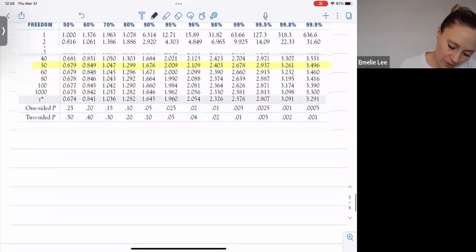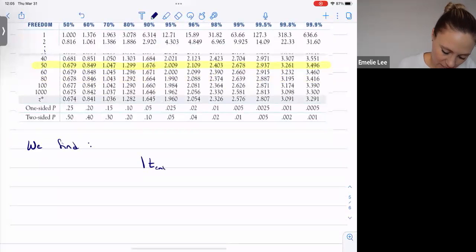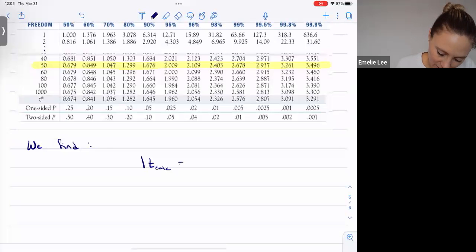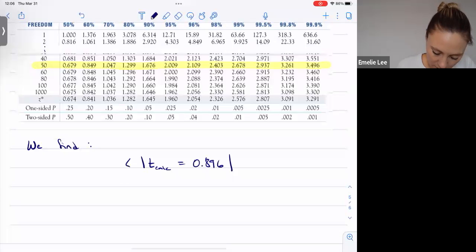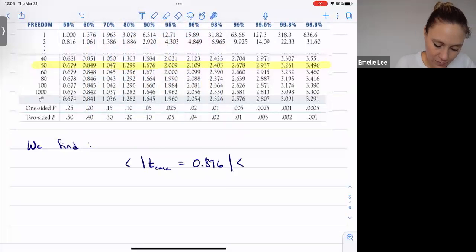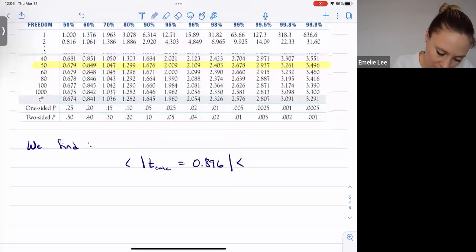And how we structure it, right, is we take the absolute value of the t, and I like to put a little subscript calculated there, which was 0.896, is somewhere between 0.849 and 1.047, right?